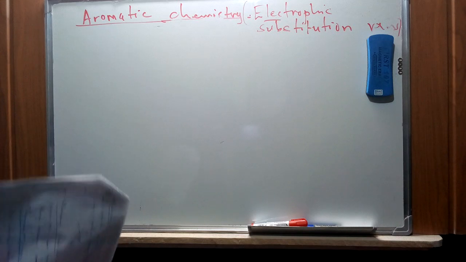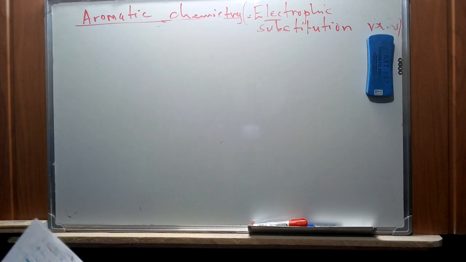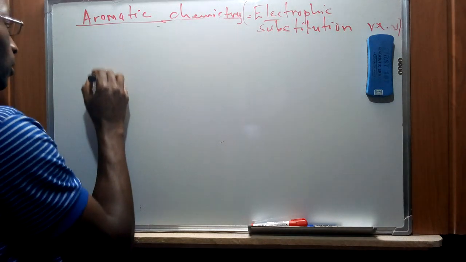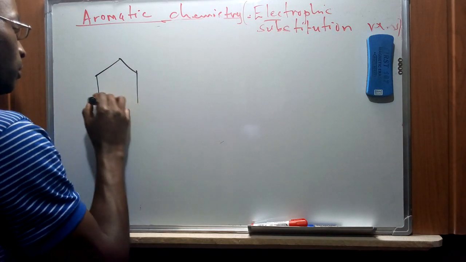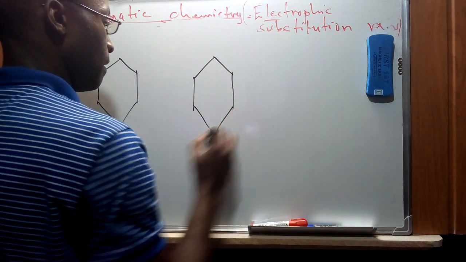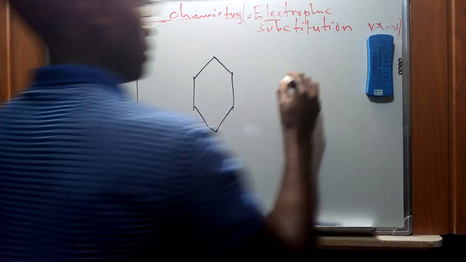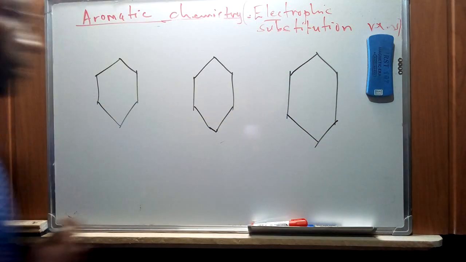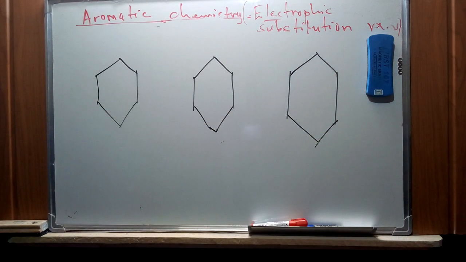And this is going to show that the more resonance stabilized a compound is, the more stable it is. So in this case, I'm just going to do a quick demonstration for this. I'll have those 3 species. Maybe my drawings are not that good, but I hope that they'll be able to assist us.